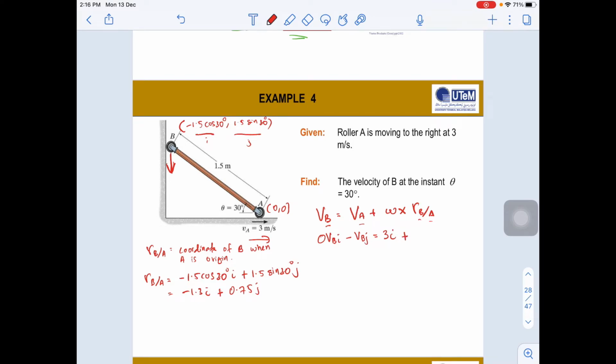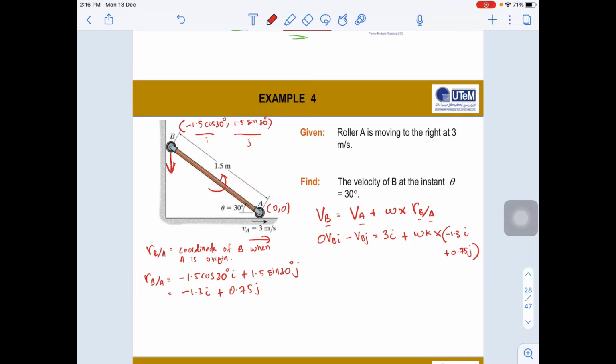Plus omega: let's say it moves counterclockwise, positive. So omega K cross product with minus 1.3I plus 0.75J. Now you can solve this equation.